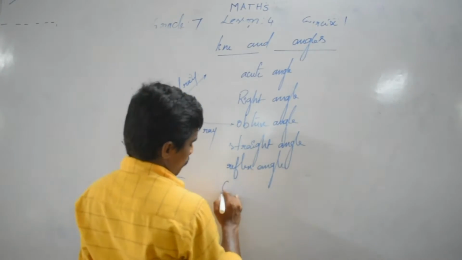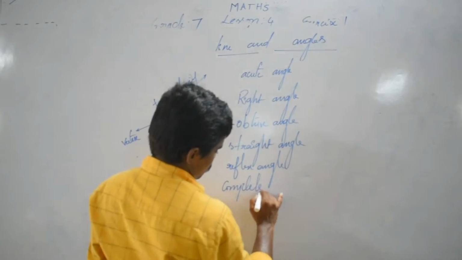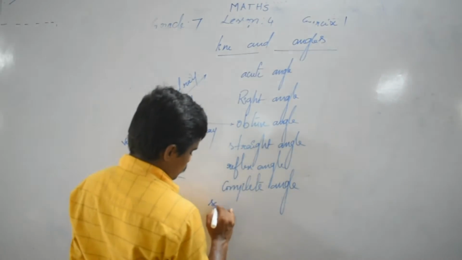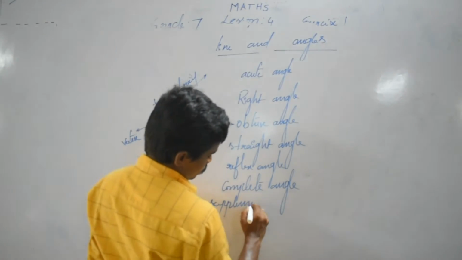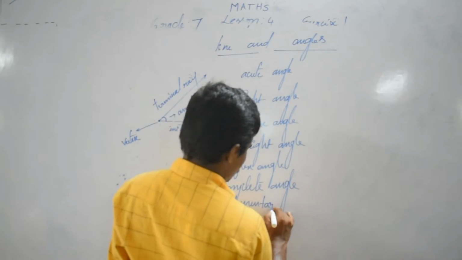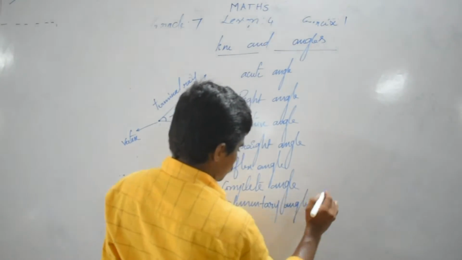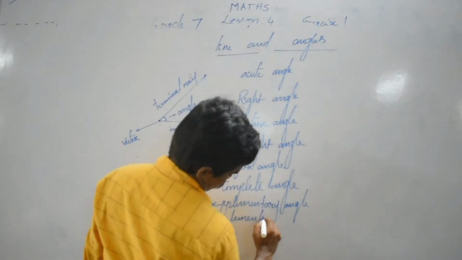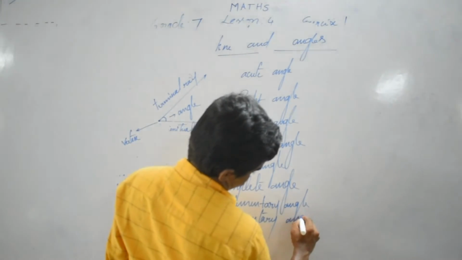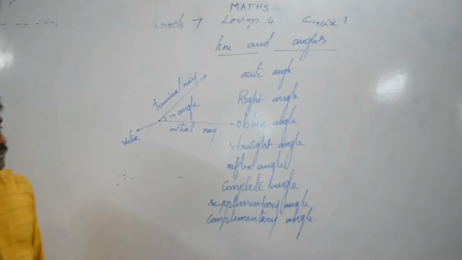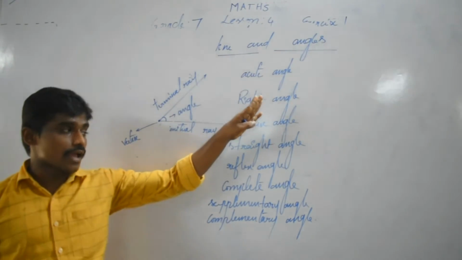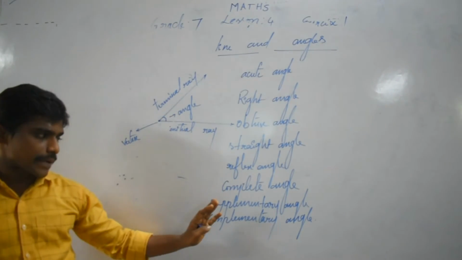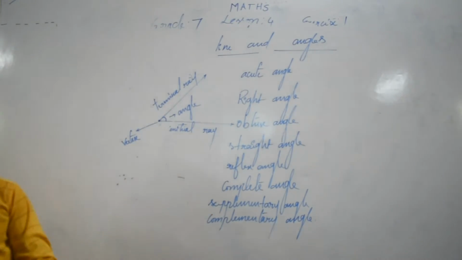Next one, complete angle. Next one, supplementary angles. Next one, complementary angles. So: acute angle, right angle, obtuse angle, straight angle, reflex angle, complete angle, supplementary angles, complementary angles. Once write down.